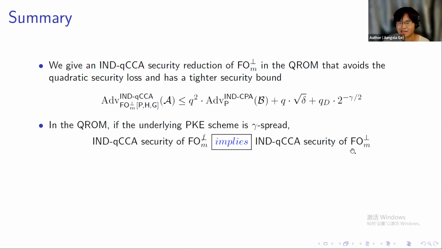So we can say that under the requirement of gamma spread, the transformation FO-bot is as secure as its implicit rejection counterpart. That is to say, security is independent of whether the rejection type is explicit or implicit.